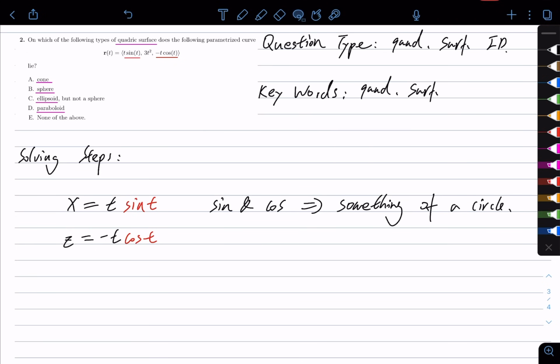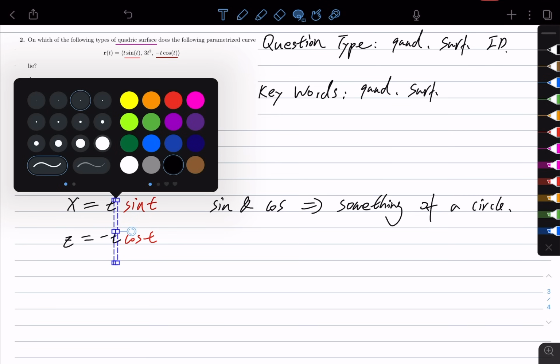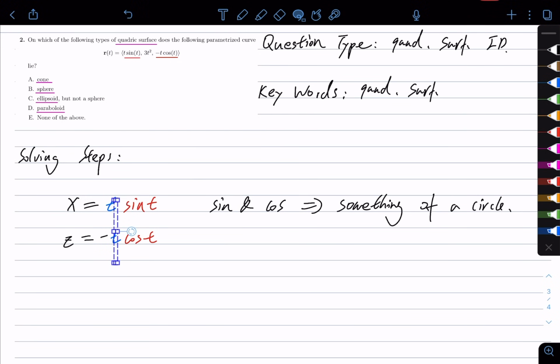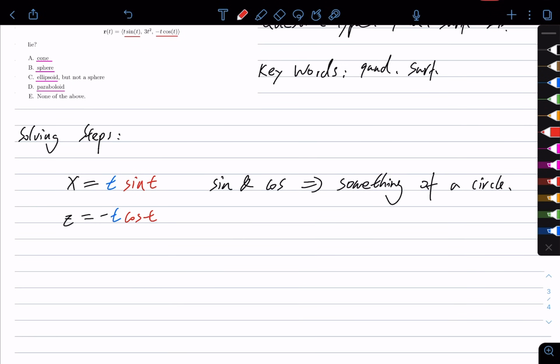Well, let's go ahead and examine the rest of the components, which is the t particularly, right? So what this t is doing in this parameterization is, well, the sine and cosine tells us we have something of a circle, right?